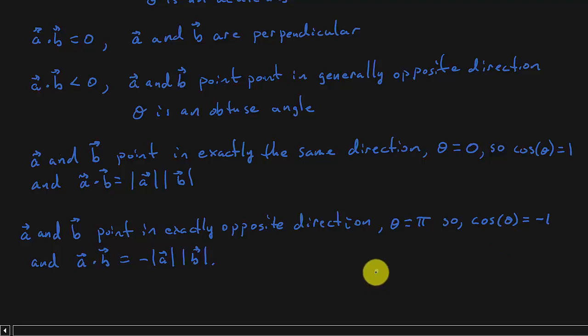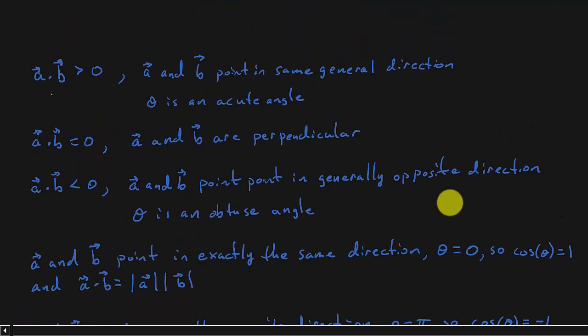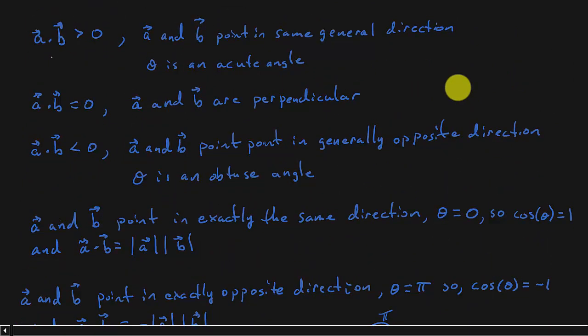If you have two vectors, one going this way, one going this way, that angle there is pi. They're going in exactly opposite directions. And that would give us the dot product of A and B is equal to negative the magnitude of A times the magnitude of B. Okay? So I hope you can see that.